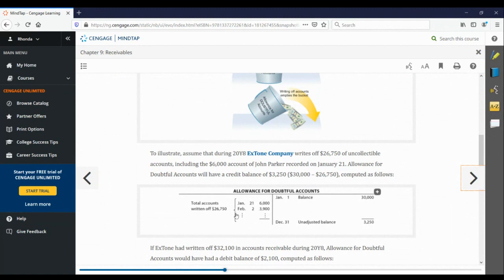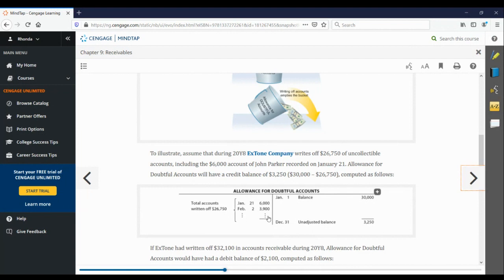In this T account, they have also written off additional customers. The total of all of the accounts that they wrote off during the period is $26,750. These little dots here represent other customers that they wrote off during this accounting period.